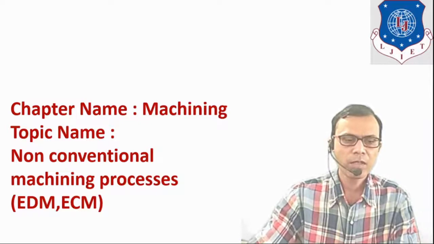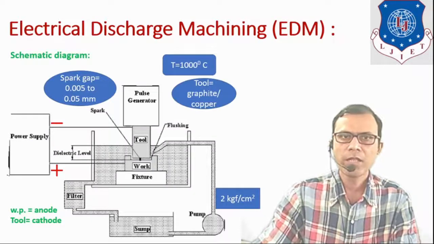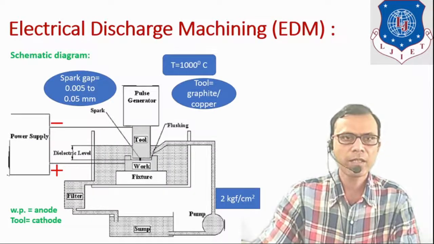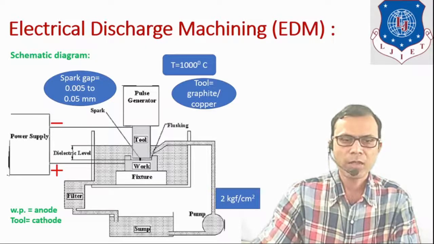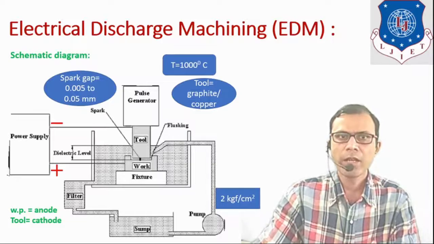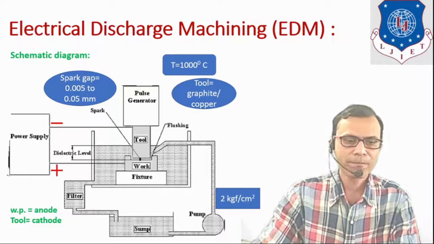So the first process is electro discharge machining or electrical discharge machining process. The schematic diagram and all the equipment are shown here. Let's see what the different equipment used for this kind of machining process are.